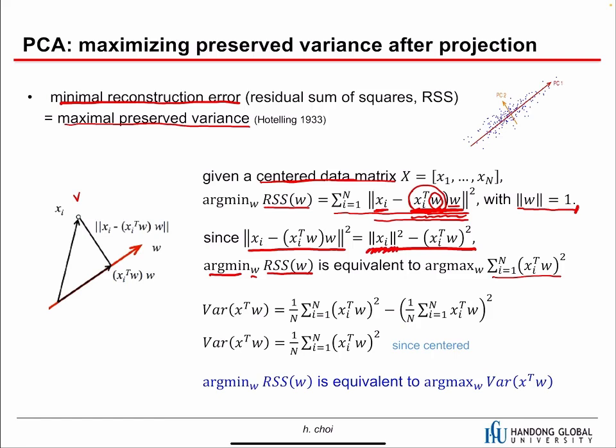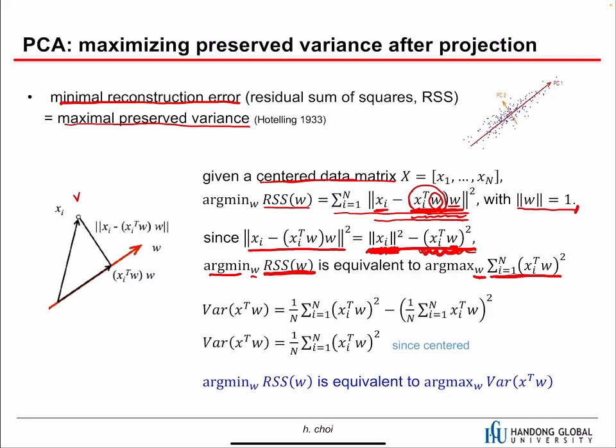It is not changing when we change w, so it is constant. With respect to w, this is constant. By changing w, we can actually change this part. So argmax w of RSS is exactly the same as argmax w of this term.